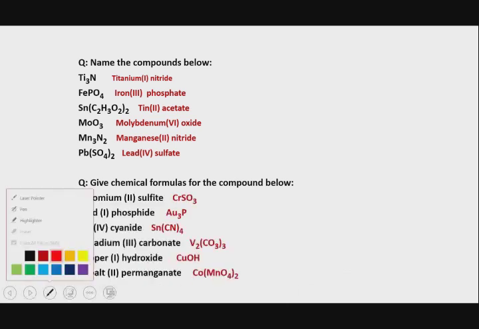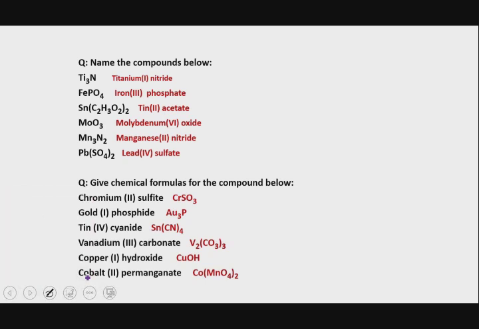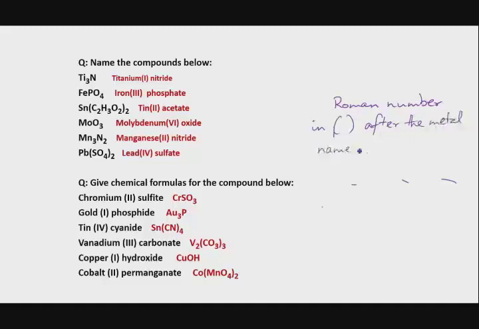Once again, to reiterate the important point here, I must say that the Roman number in parentheses after the metal name gives us the magnitude of the plus charge on, and this is important, each cation.